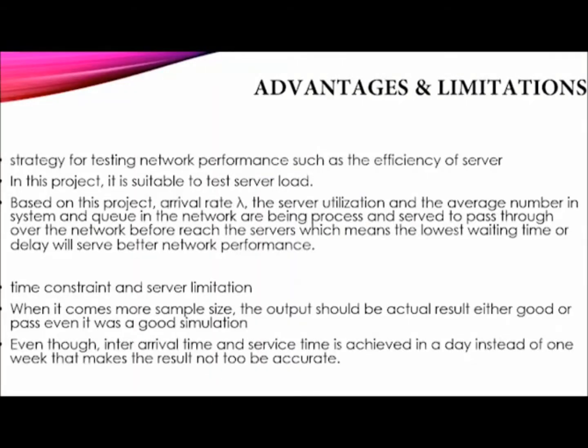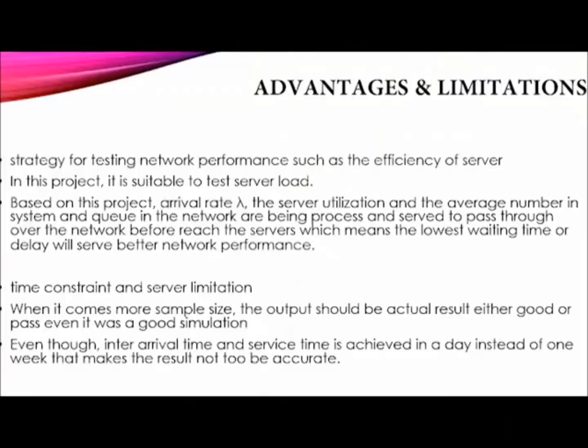So let's look at the advantages and limitations of this project, which is basically M/M/1 and M/M/3. M/M/3 is a family of the M/M/c model, and this model is quite good because there can be strategies for testing network performance, such as the efficiency of the server, or for load testing.